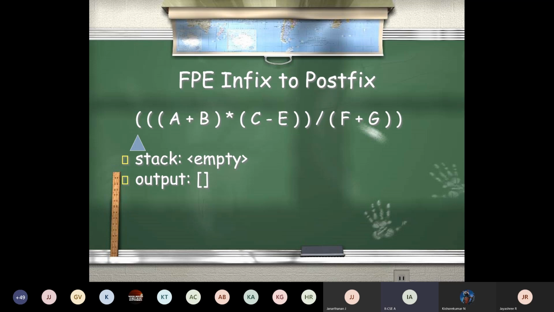Your stack. What are the things you are going to push in your stack? Kailash, can you answer? What are the things you are going to push into your stack? I told you in your expression some certain things can be pushed into your stack. Kailash.